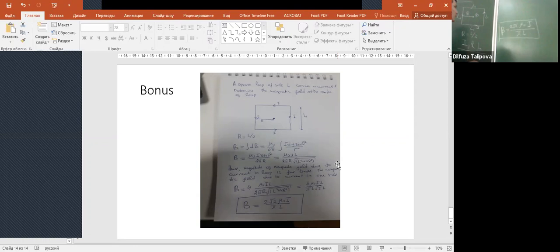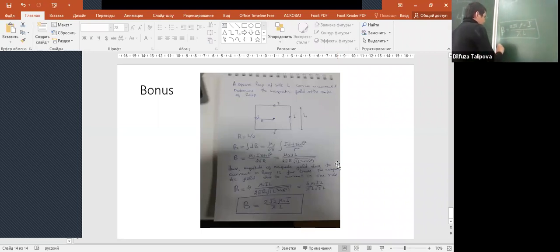For example, L is equal to, let's say, 2 meters, and the current is equal to 10 amps. What about the magnetic field here?